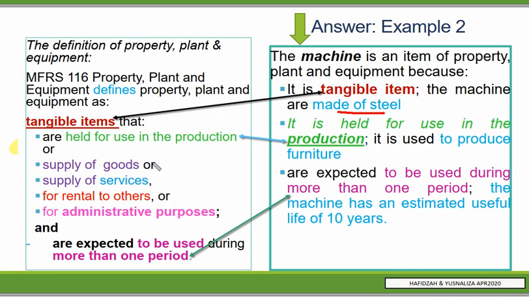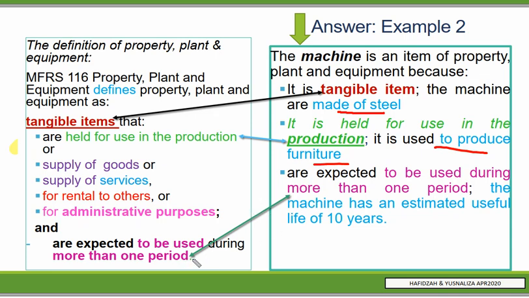Right. So what is the purpose of you acquiring that machine? It is going to be used or held in the production, right? Production of what? To produce furniture, right? So it has met the two definitions of property, plant, and equipment. So what about the last one?